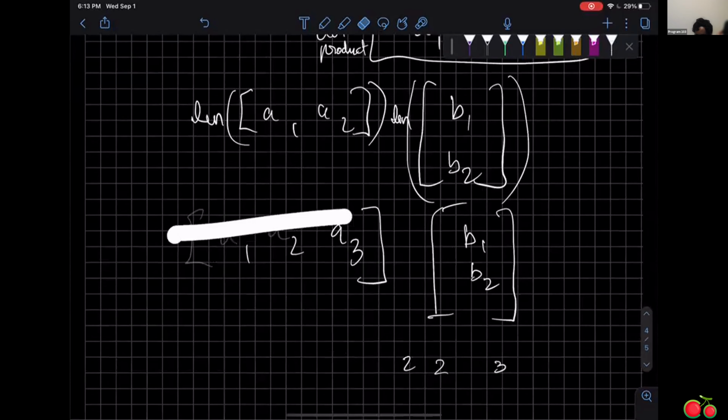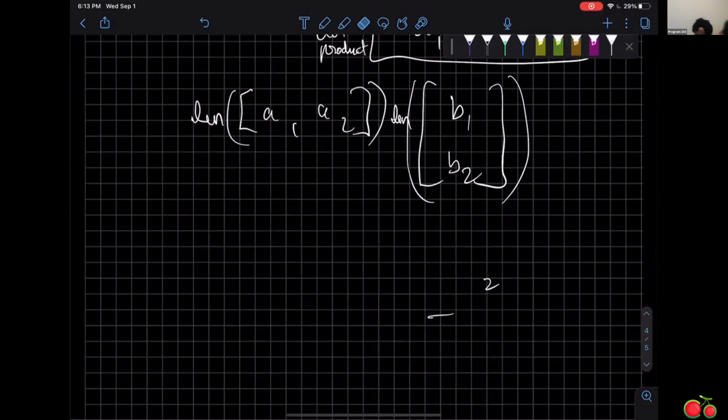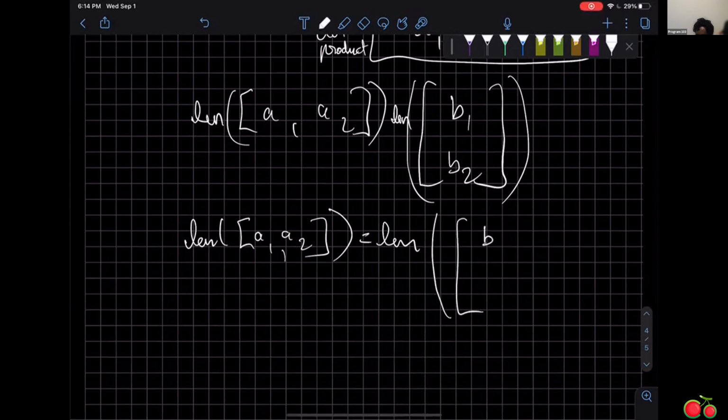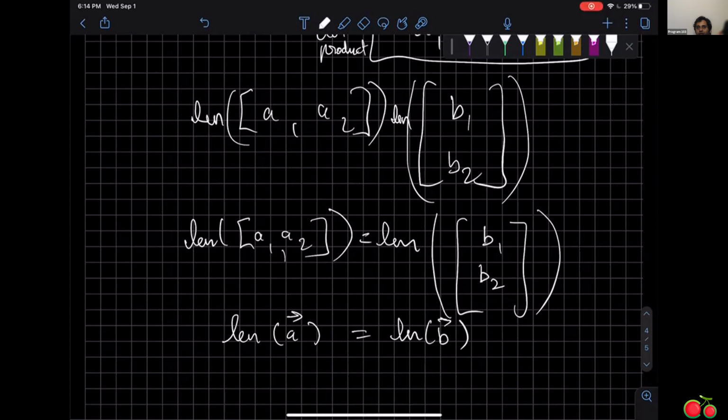Okay. So for a dot product, the condition is that the length of a1, a2 has to be equal to the length of the other. So the length of vector A must be equal to the length of vector B. Otherwise, you cannot take a dot product.